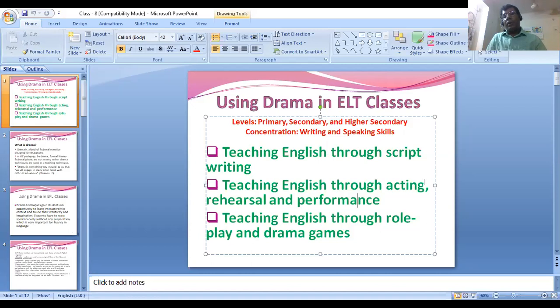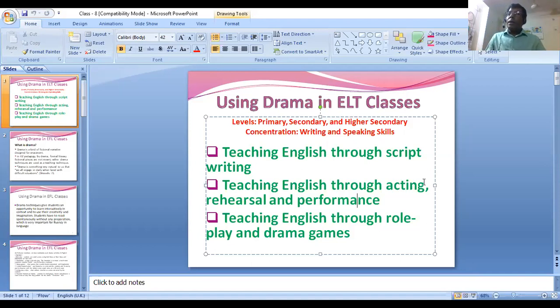Suppose you are teaching the students of other departments English; there you can also use drama to teach them English language. So it may be a class of any level, from primary to tertiary level.